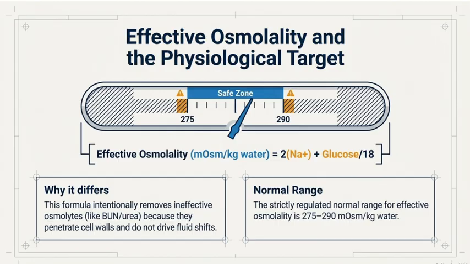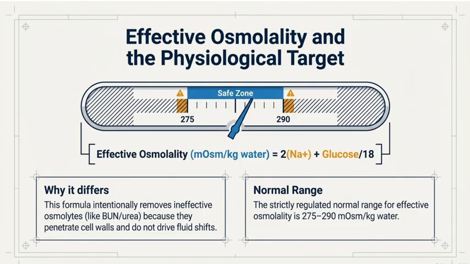Now we refine further. What really matters clinically is effective osmolality. So we can use the effective osmolality formula: 2 times sodium plus glucose by 18. We exclude BUN. Why?